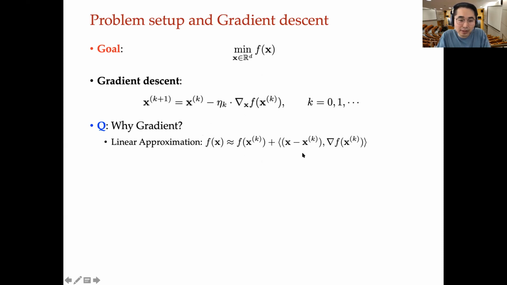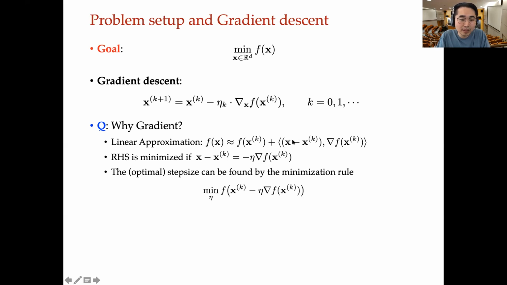It can be seen that the right-hand side is minimized if we set x minus xk to be the negative direction of our gradient, with eta as the step size. Then the second term becomes minus eta times the squared norm of the gradient. This gives you gradient descent.